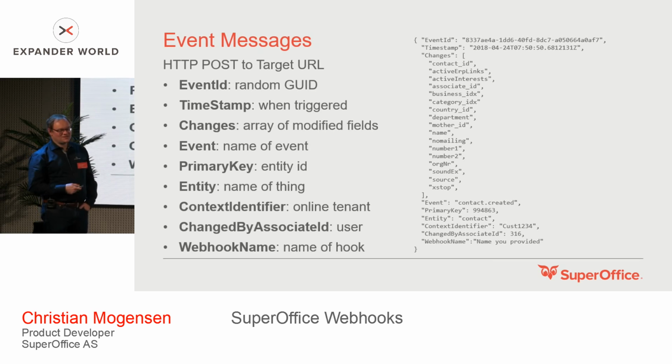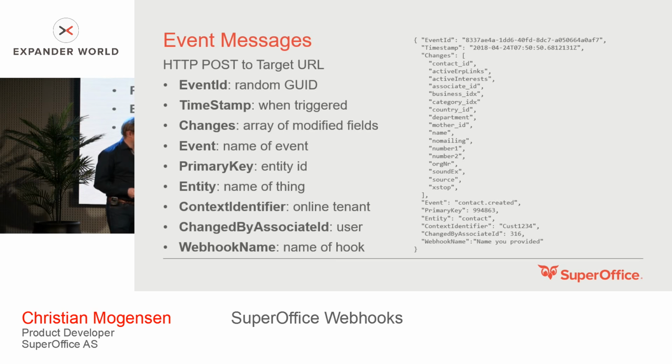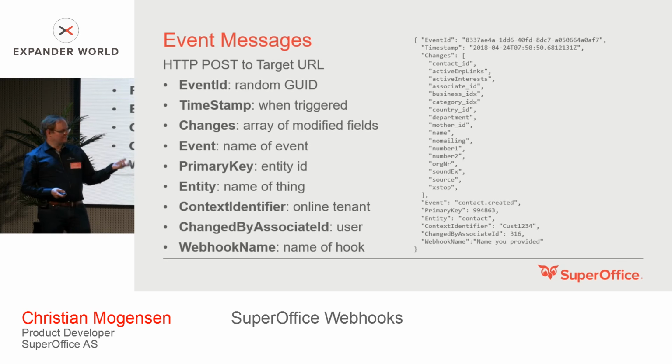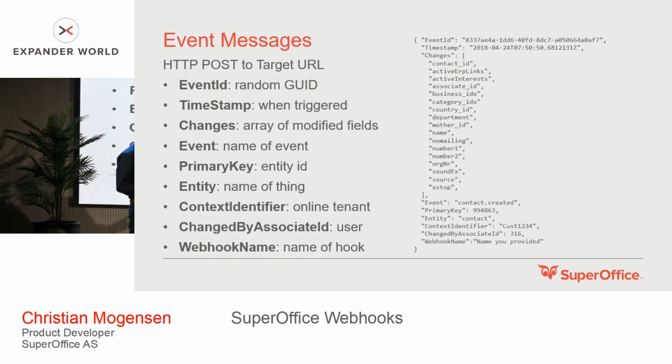Changes is a list of the fields which have changed, just the names of the record fields modified in this particular update. The values you would normally expect to see there are not there, because of security. Then there's the name of the event, in this case contact created. There's the primary key, which tells us the ID of the thing that was created. The entity is usually pretty much the same as in the event name.